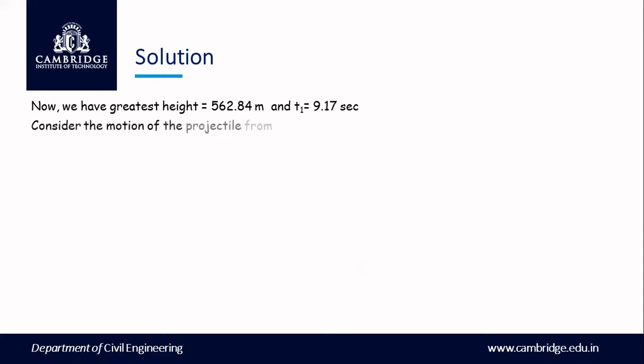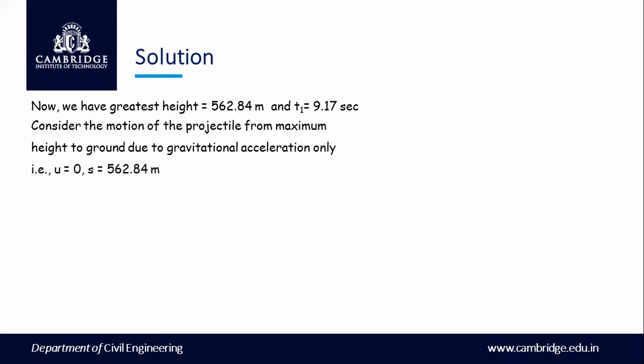So consider the motion of the projectile from the maximum height. After it reaches the maximum height, it's going to fall down, from the maximum height to the ground, due to gravitational acceleration. When it is going to drop down, it loses its vertical velocity.